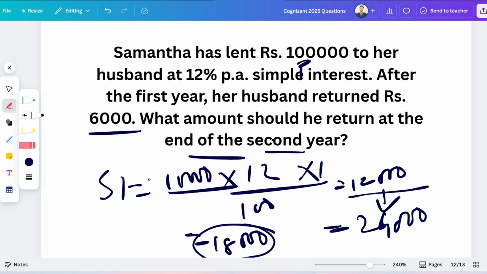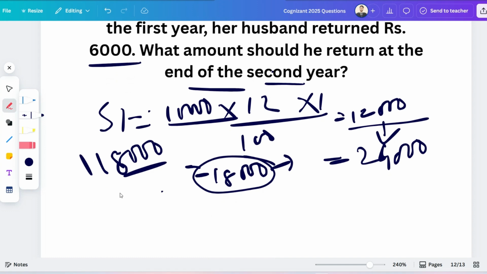Along with the principal amount, he has to return this 18,000. So in total, 1,18,000 he has to return to his wife. I got the screenshots, but I cannot show them, so please consider this. This is the right option.